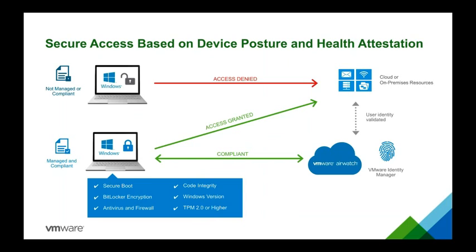So again, based on the identity of the user and the posture of the device, we can be very, very controlled and pass health attestation data back to AirWatch in real time, and then perform policy-based decisions as the user's logging in. We're able to say, okay, you cannot get access to these applications because you're not on a device that meets the right patch level, or you're on the wrong OS, or you're in the wrong location, whatever it may be, at the point of authentication to Workspace ONE.